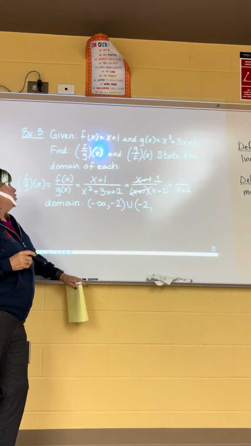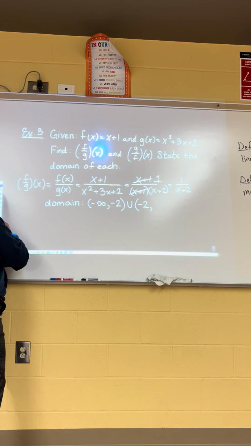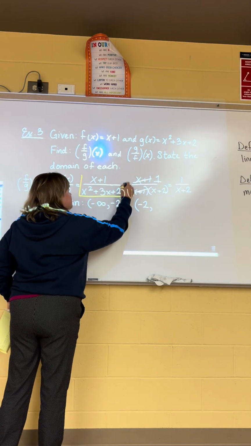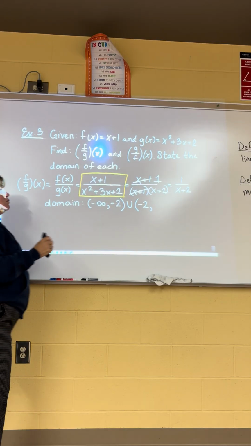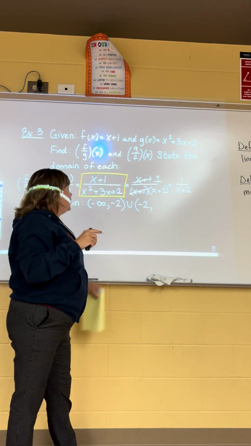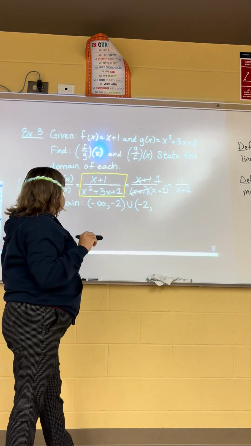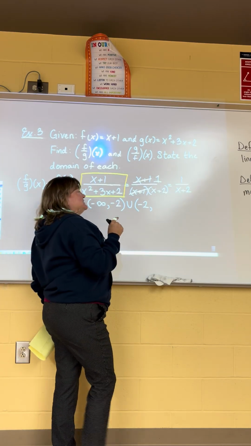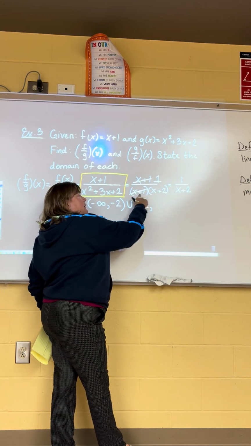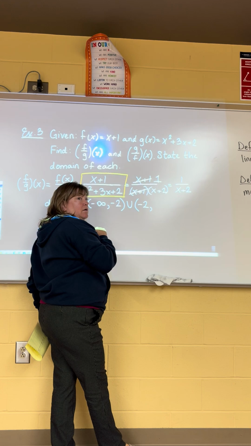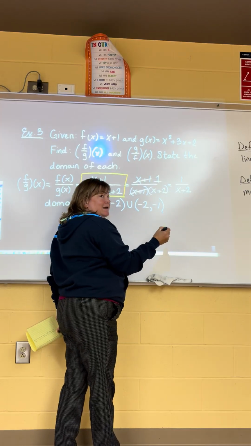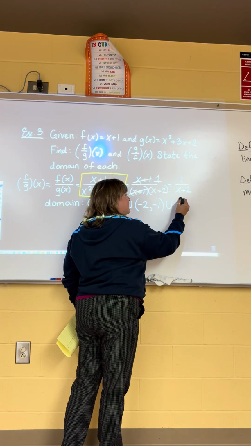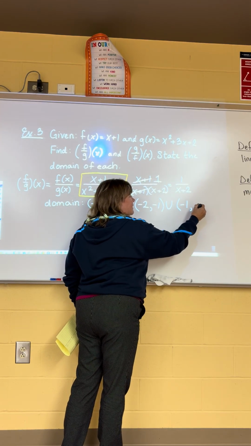You have to go back to your original function to state the domain, okay? Well, we'll talk more about this later, but okay, so now what's my domain? What else can't x equal, without canceling? Negative 1. Okay, keep going. Union, parentheses, negative 1, comma, infinity.